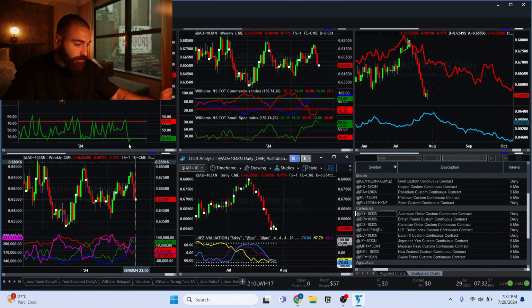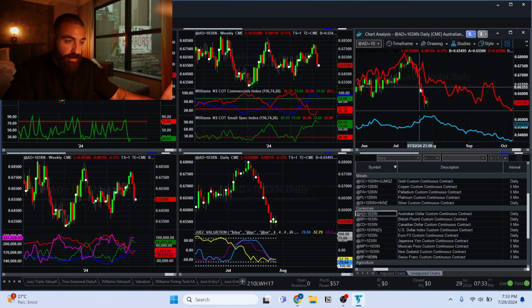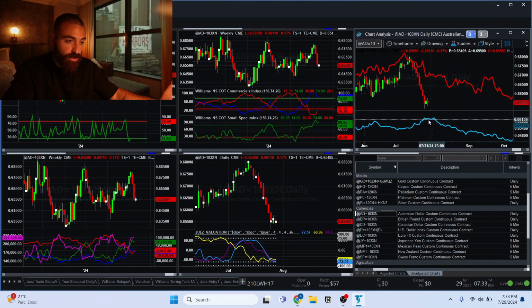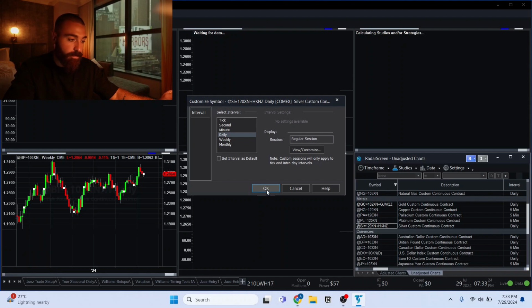So sentiment is a bullish sign, and undervalued is also a bullish sign. The cycle forecast is still bearish, and seasonal is also bearish. For me, two indicators are not enough, so nothing for the Australian dollar. We're going to move on to GBP.